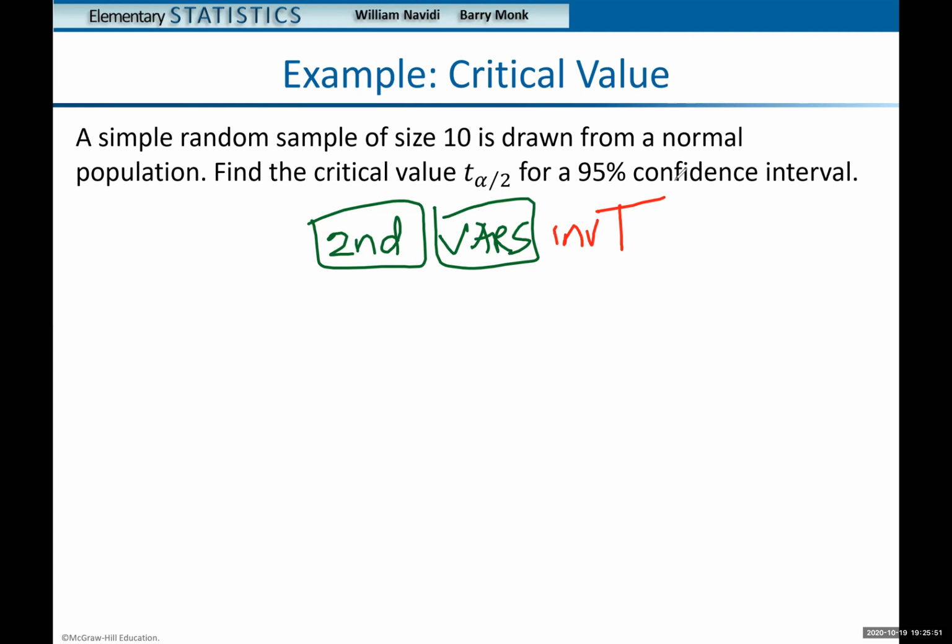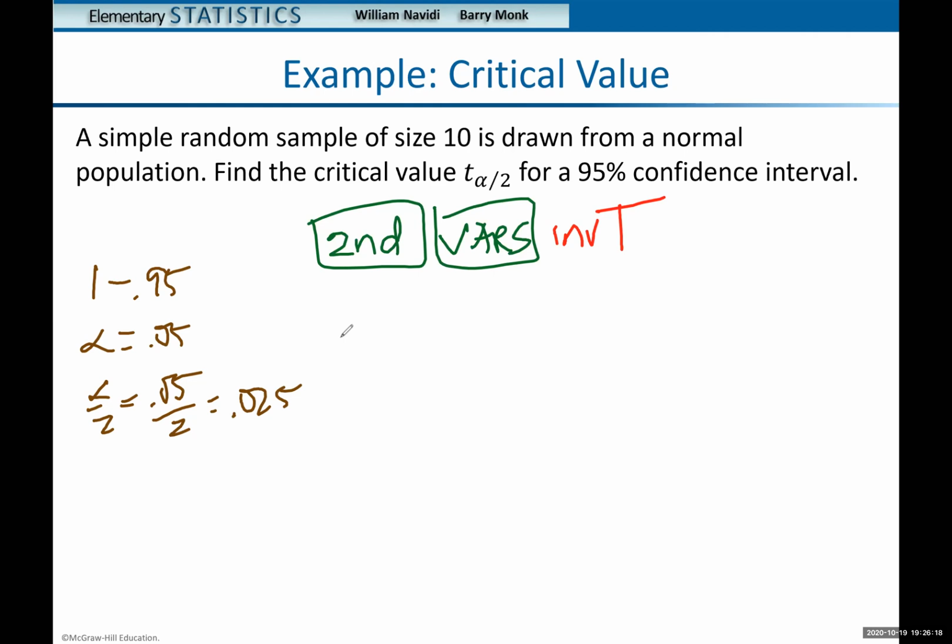Okay. So remember, this is 95%. So 1 minus 0.95 is equal to 0.05. So this is your alpha. Alpha over 2 is 0.05 divided by 2, which is equal to 0.025, right?